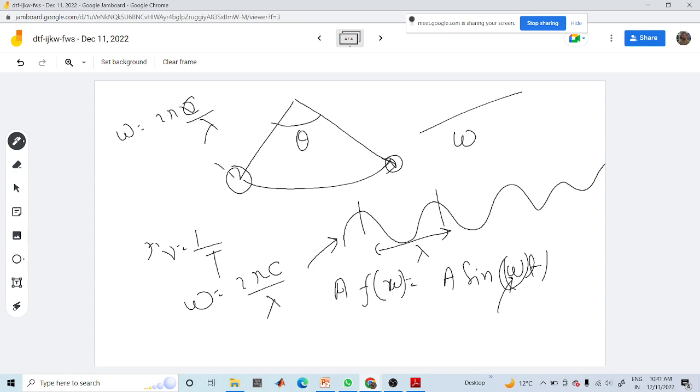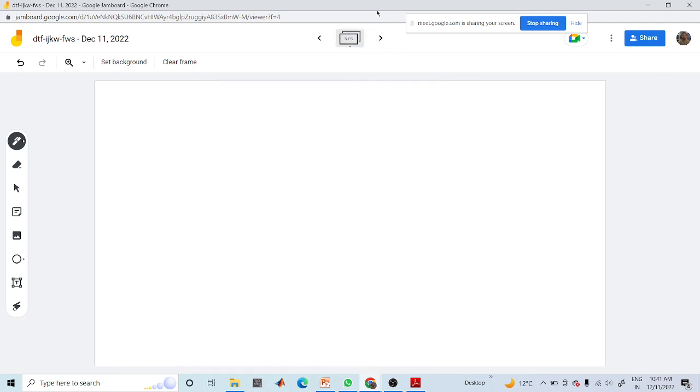Because of oscillation there is a waveform, so there will be a frequency or angular frequency, the same omega we have calculated. Once we know omega, we can also find capital T.